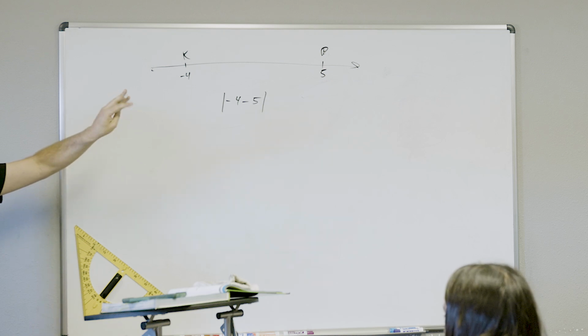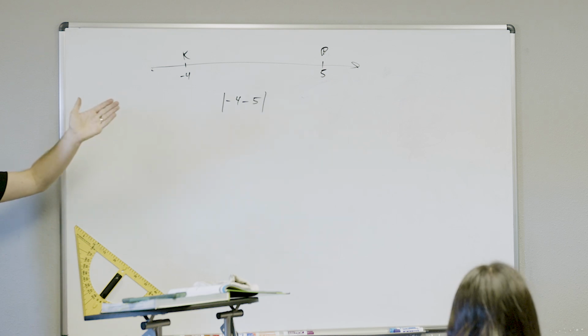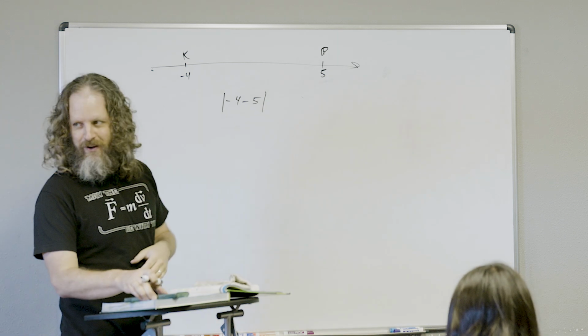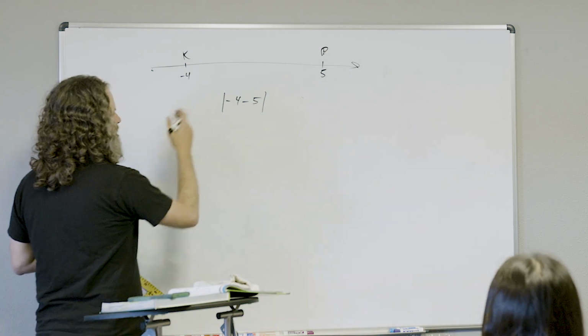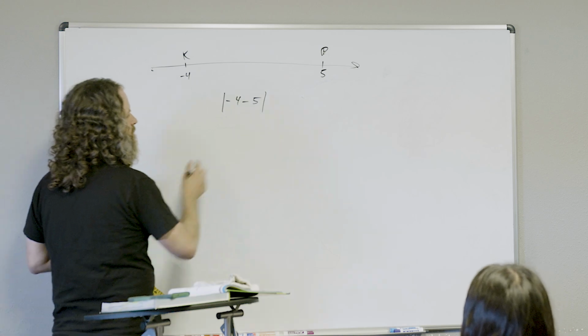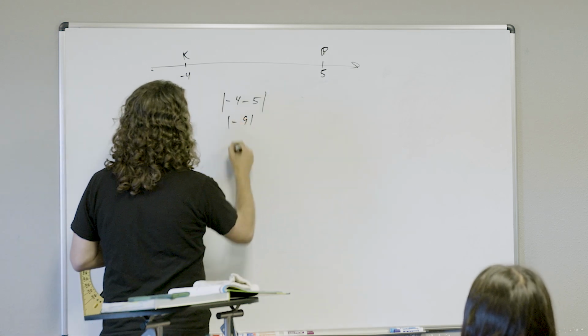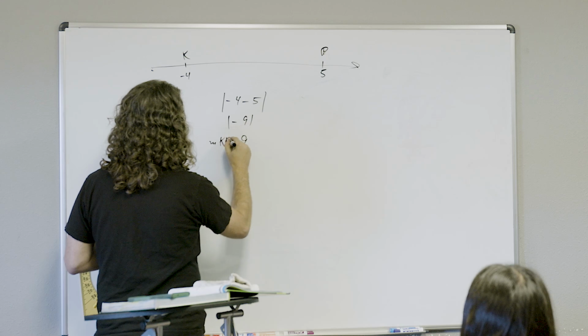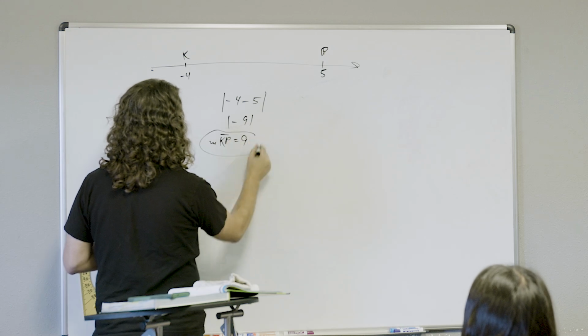Distance is a scalar, not a vector. Displacement can be negative, but that's more of a physics thing for later. What's -4 minus 5? -9. The absolute value of -9 is 9. So the measure of KP equals 9.